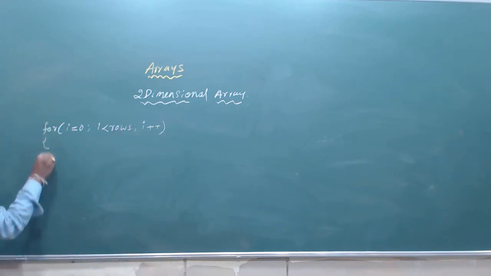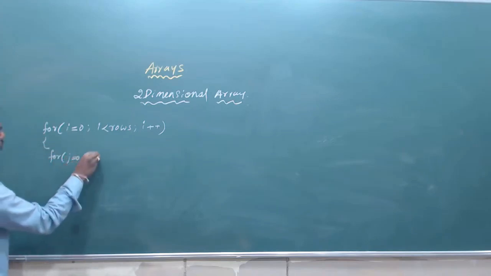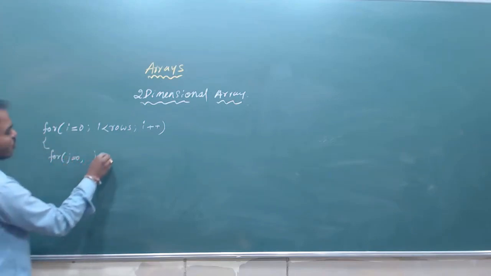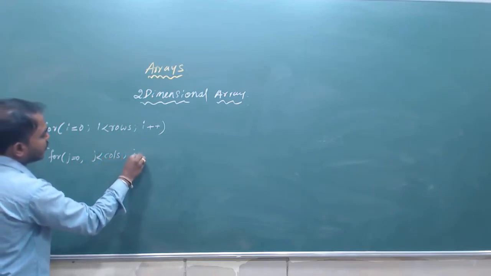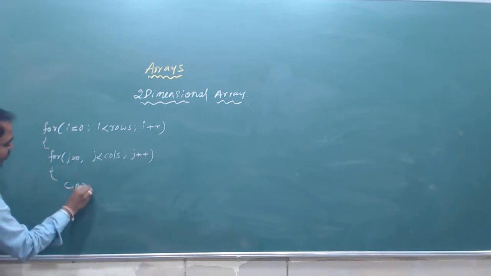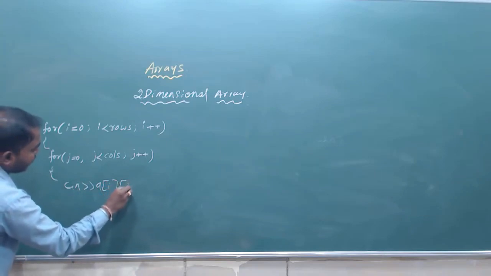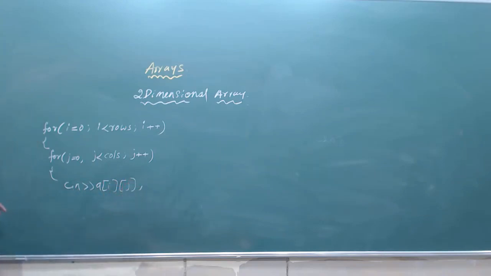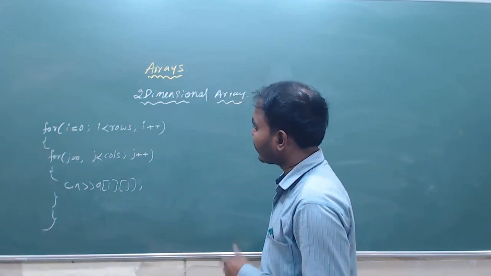Okay. So next, for j is equal to 0, j is less than column, j plus plus. Let's go to value. Right? So this is the one small code. So how to use a two-dimensional array in the runtime?